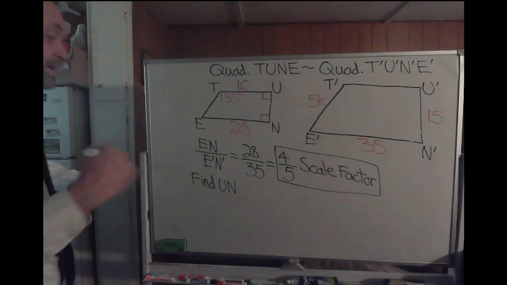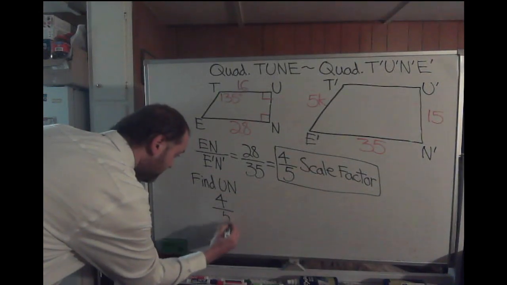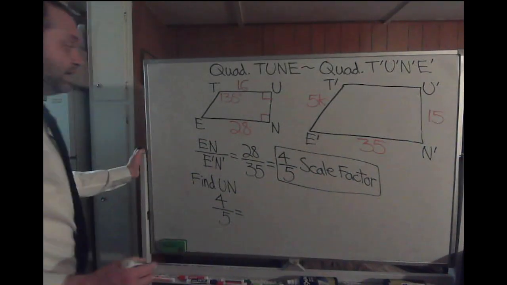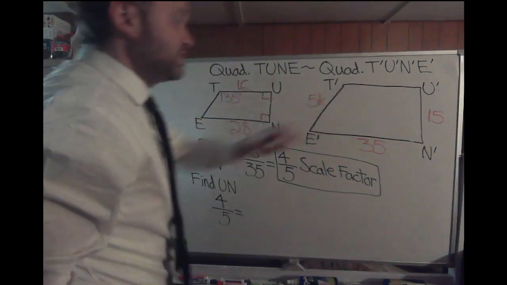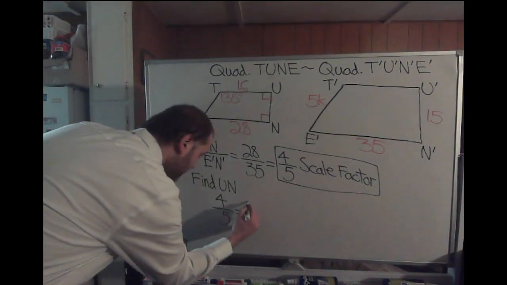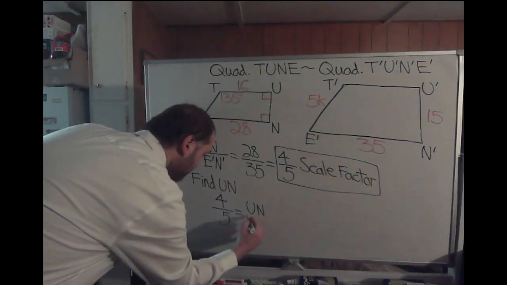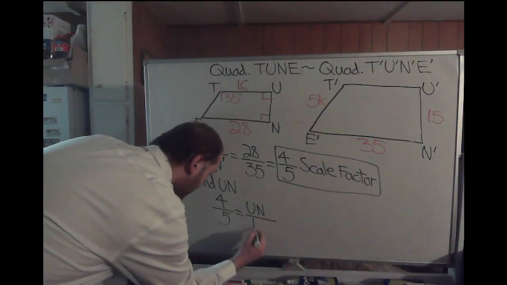You're going to take your scale factor, which would be 4 to 5, set that equal to, because between this quadrilateral and this one there's a scale factor of 4 to 5. You'll set that equal to UN of the first quadrilateral over 15 of the second quadrilateral, okay?